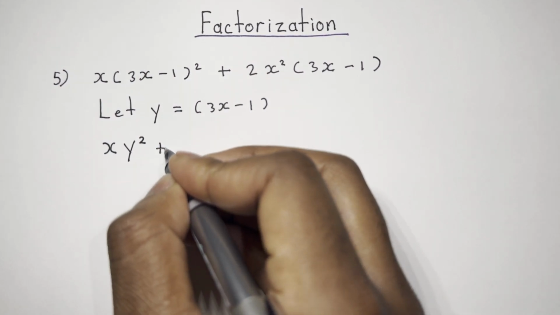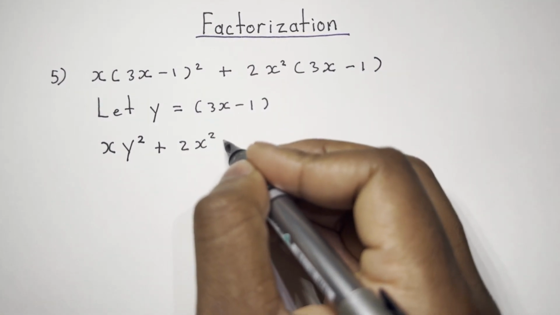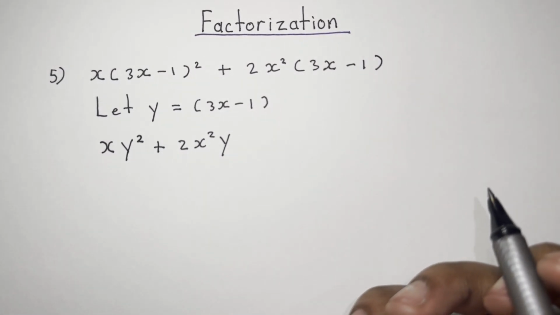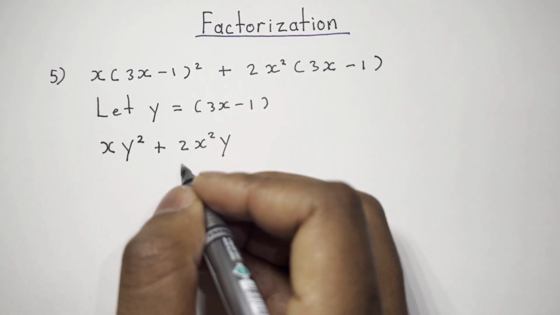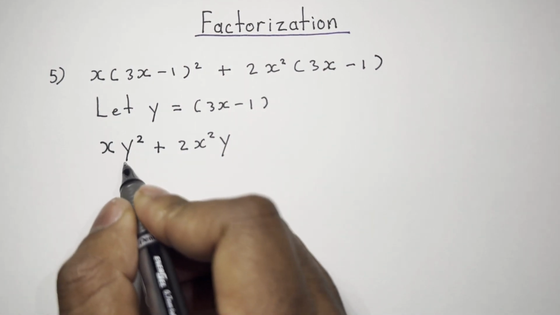Then we're going to have 2x squared and y. The next thing we're going to do is factor the expression. So what terms are common?